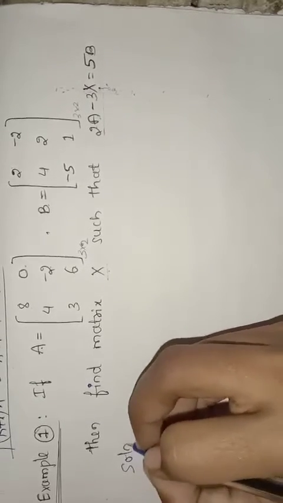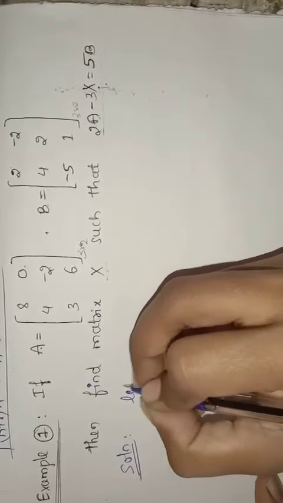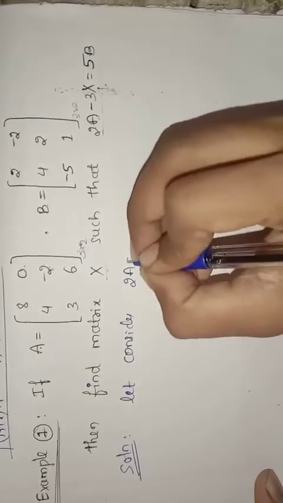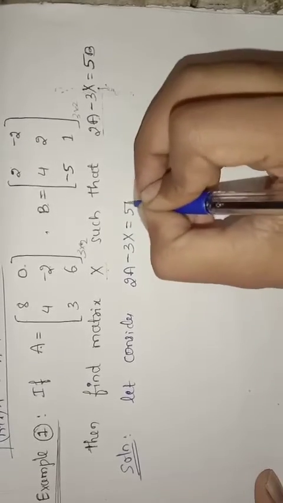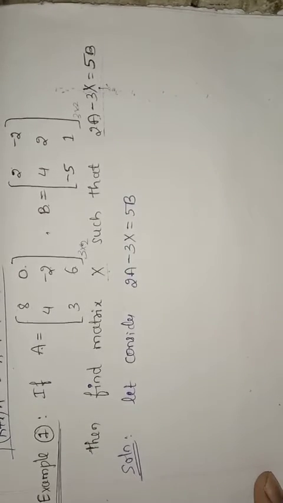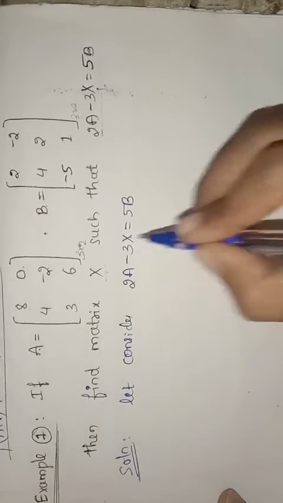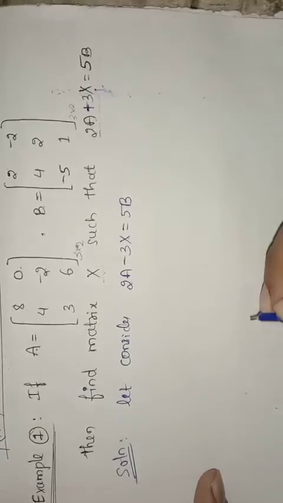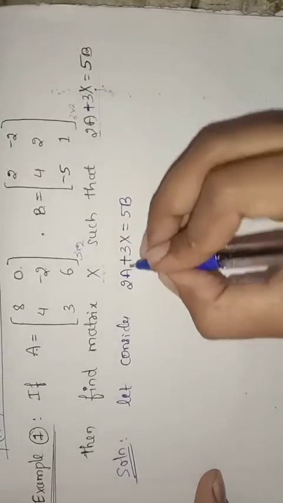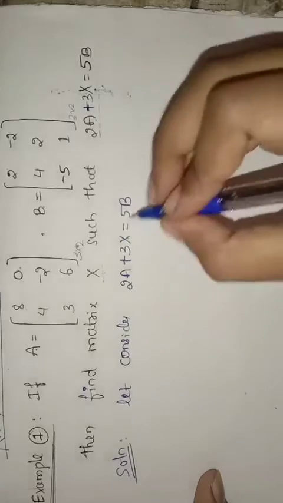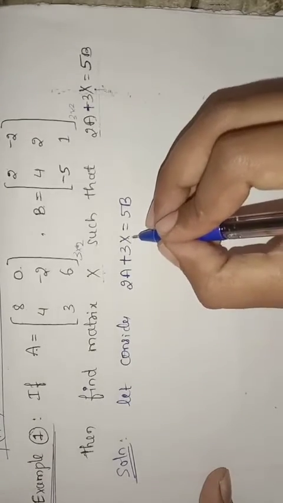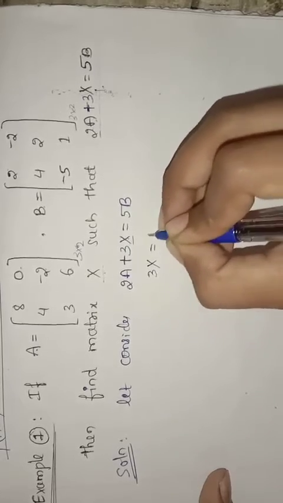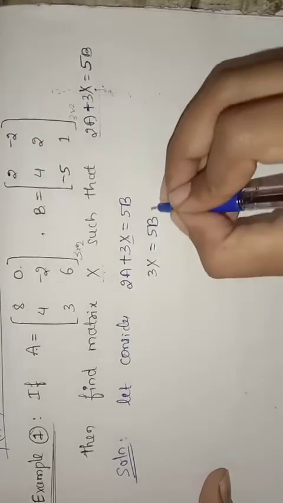So the solution for this problem is, see, let's consider what they have given. Consider that equation, that is 2A minus 3X is equal to 5B. What do we need? We need the X matrix. So I want X here, so 3X can be written as 5B minus 2A.